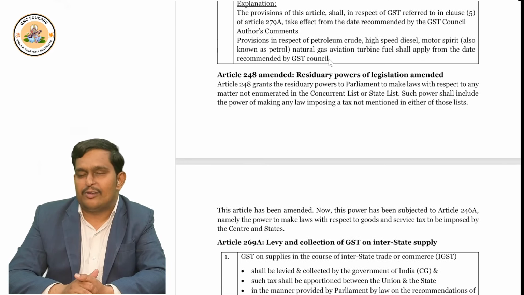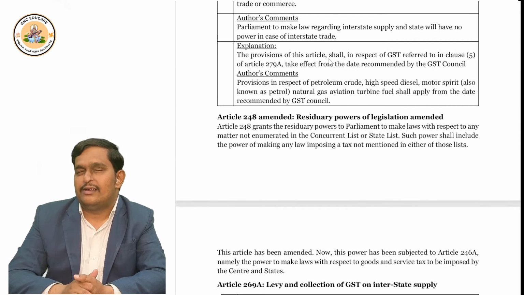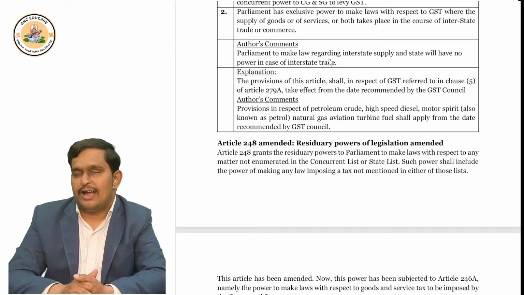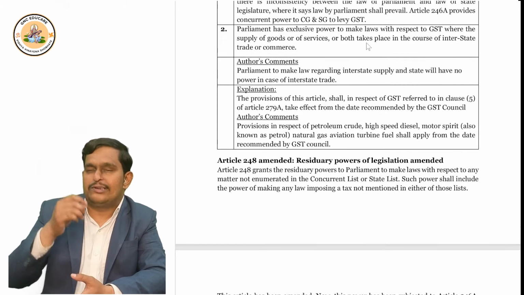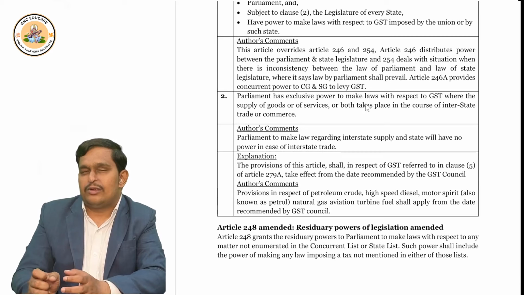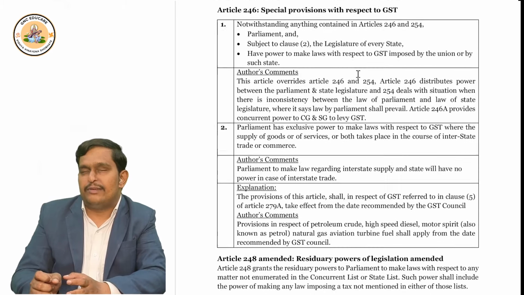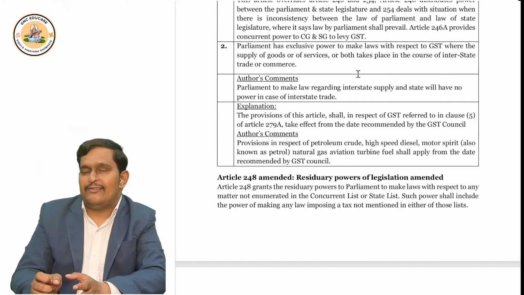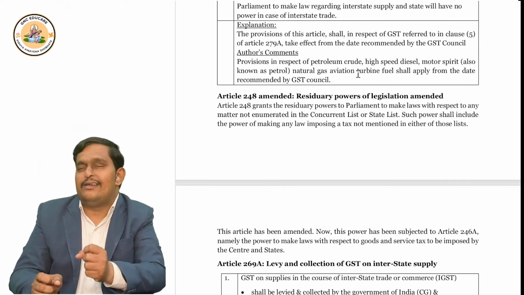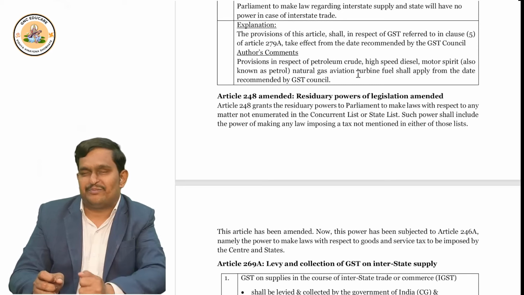As of now, it is not. Right? So Article 279A talks about the GST Council. And the GST Council by notification can include these products like petroleum, natural gas, aviation turbine fuel, motor spirit in GST.